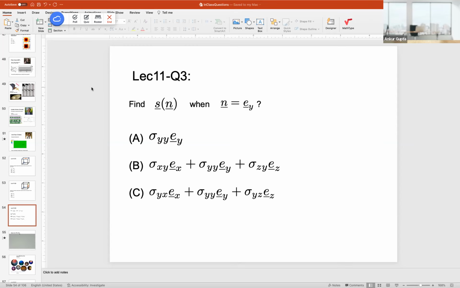You can do the math, but when you get the answer, check that it physically makes sense that the first subscript is Y, because my n is EY. So if my n is EY, I should expect the components which are normal to Y to come up, which they do. Then the direction is multiplied with the direction.